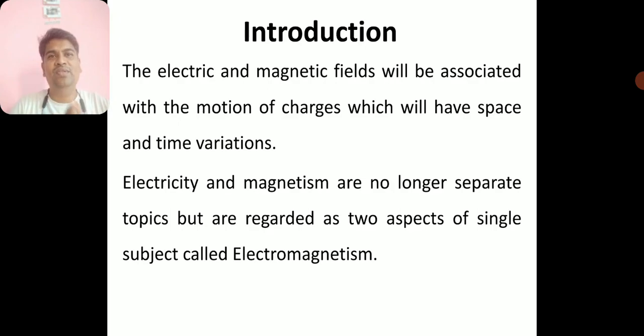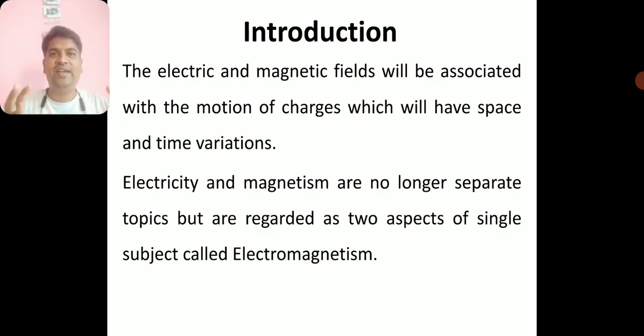Now this clearly tells that these two are in no way different quantities. They are not separate quantities. They are linked with one another. Electric fields and magnetic fields are not two separate entities. They are associated with the motion of charges, which will have space and time variation, of course.